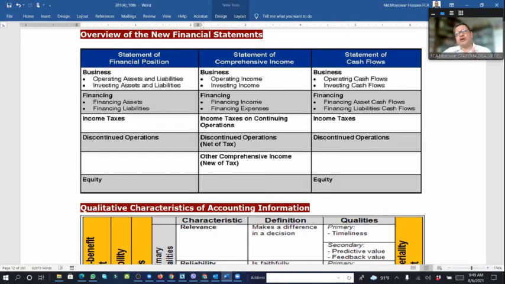And cash flow is the combination of operating, financing and investing activities.